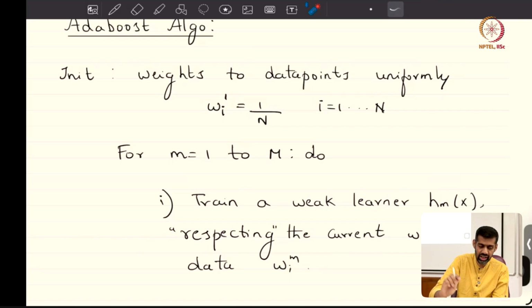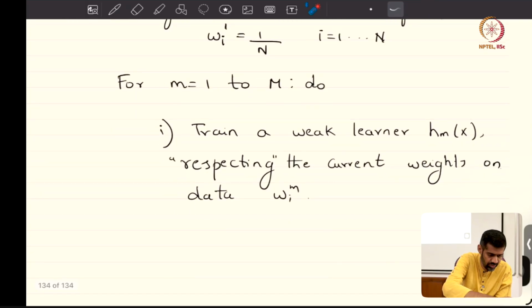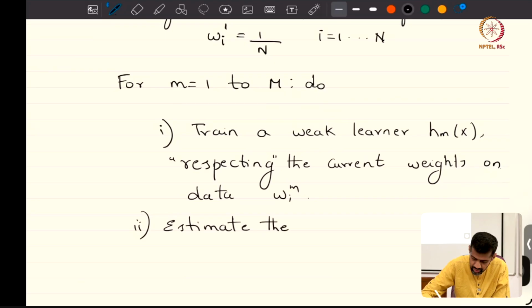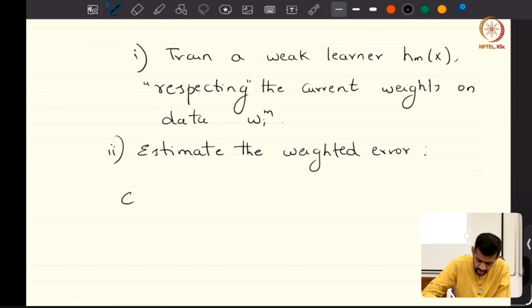So, we will have to train a classifier that way, and then the next step is to estimate the weighted error. Let us call that epsilon m.